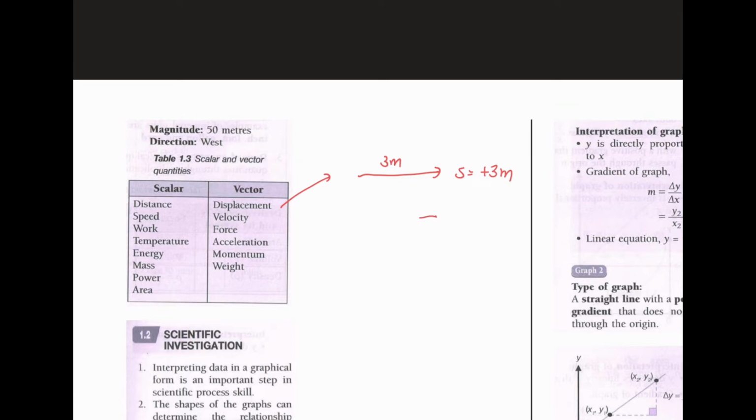If an object moves to the left by 2.5 meter, displacement equals negative 2.5 meter. So we use plus and minus to represent the directions. Yes, even up and down: up is positive and down is negative.